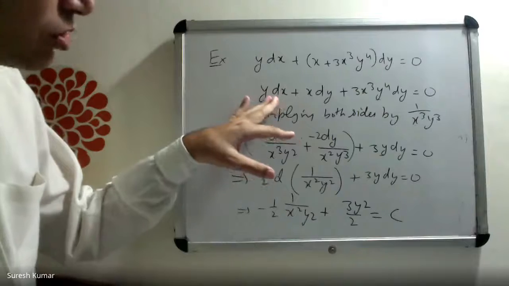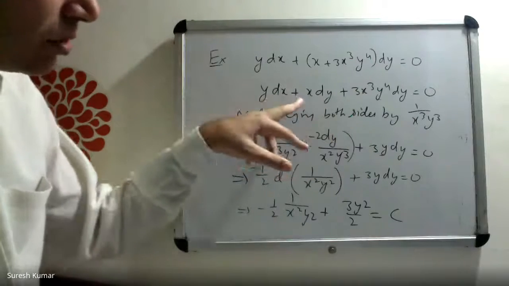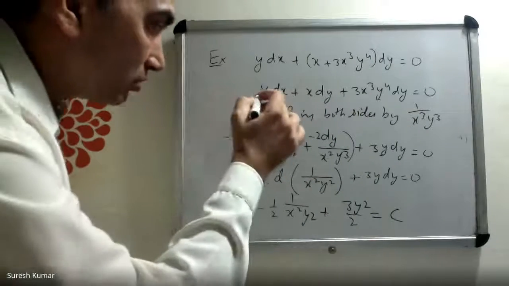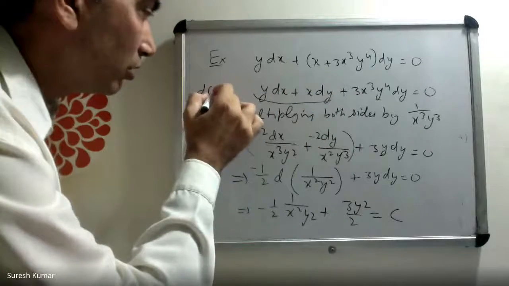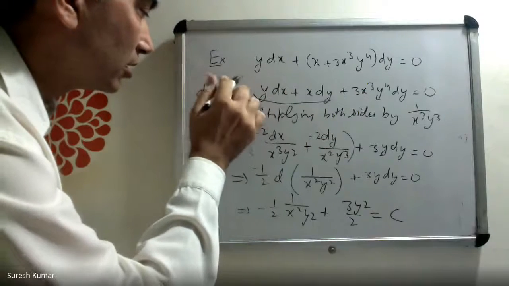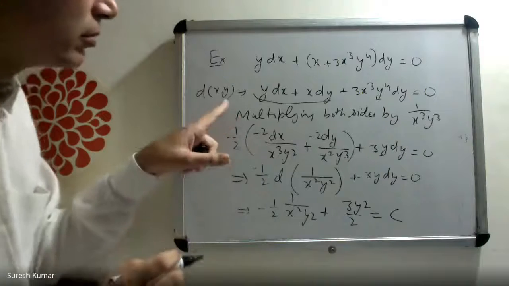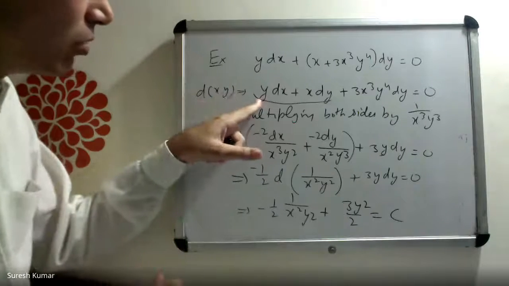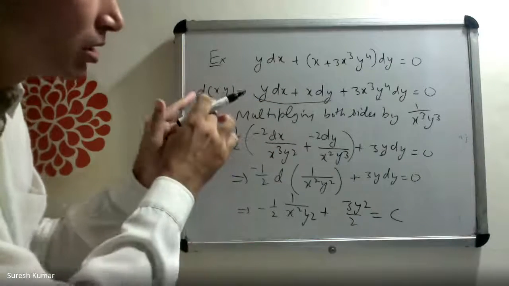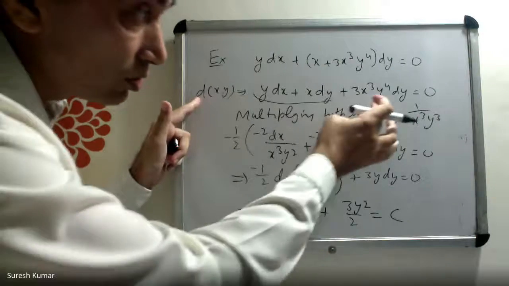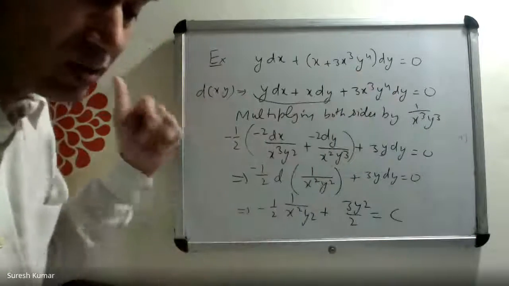Sir, can you explain once more how you guessed about 1 by? Okay. First of all, you see the symmetry. You see, these two terms are differential of xy. Do you agree with this? D of x into y is equal to y dx plus x dy. But this is not going to help me because this term carries x as well as y.